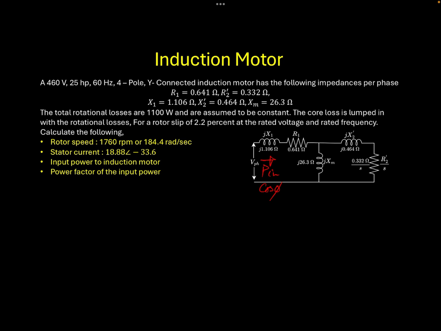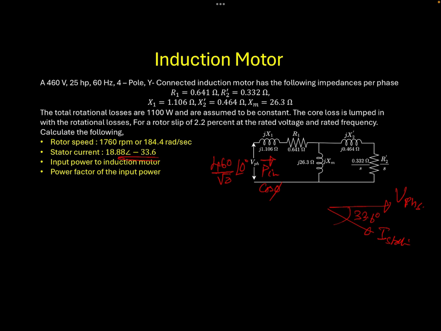When we consider that the source is 460 upon root 3 phase voltage at an angle of 0 degrees, we know that the stator current is at an angle of minus 33.6 degrees, which indicates that with respect to V phase, the stator current is lagging at an angle of 33.6 degrees.